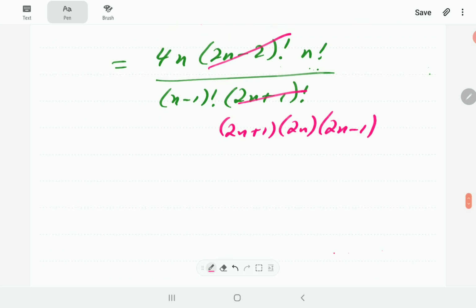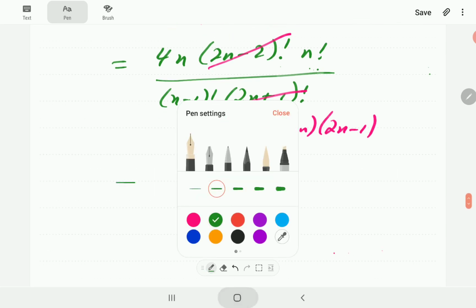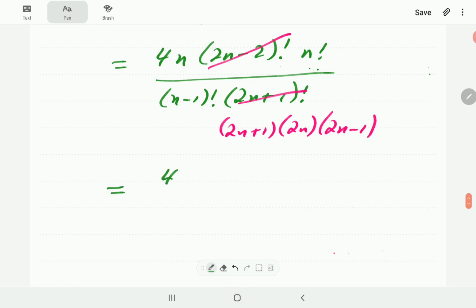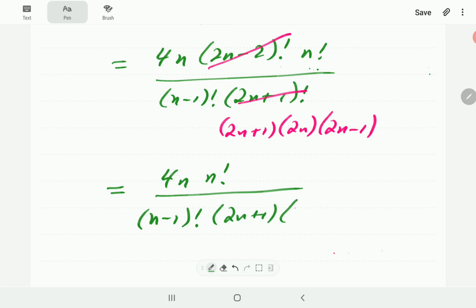Okay, so in the next step, we're going to have 4n times n factorial, all over n minus 1 factorial, 2n plus 1, 2n minus 1 times 2n.